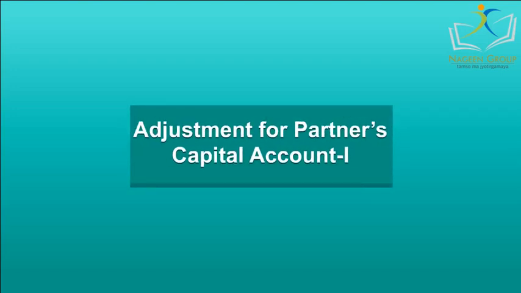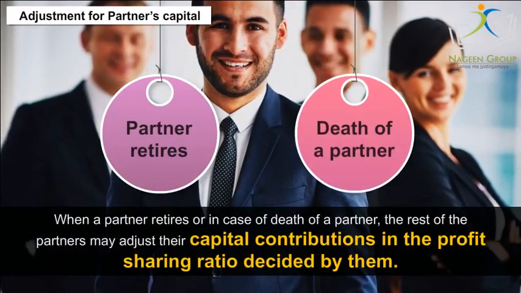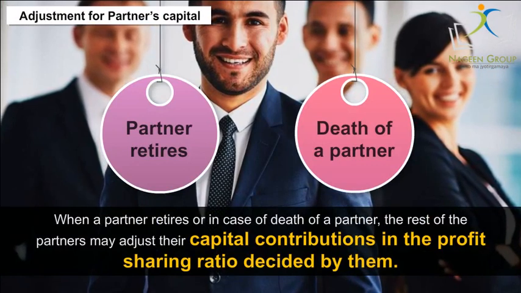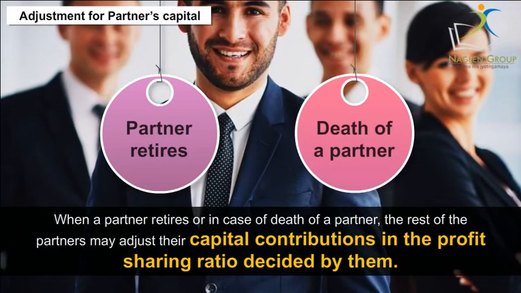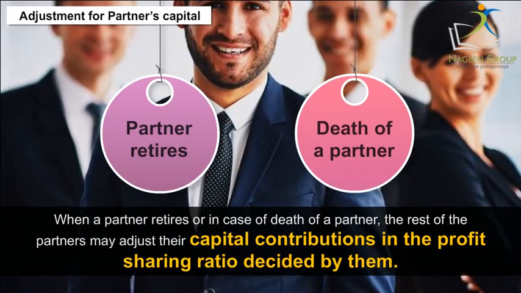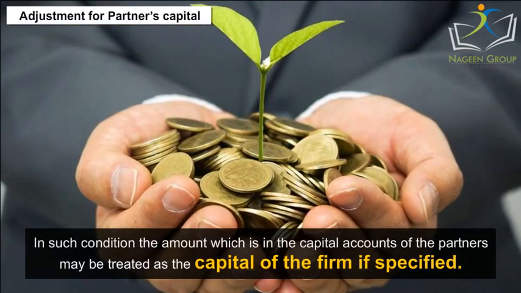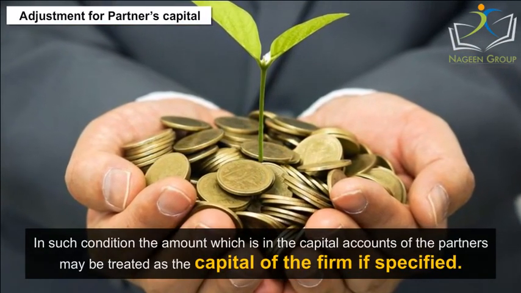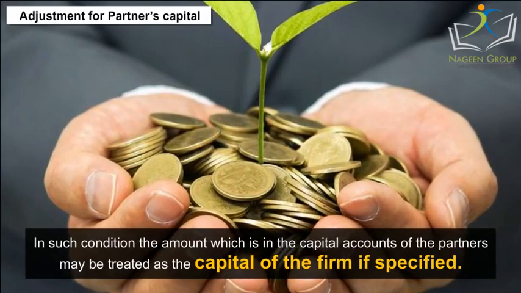Adjustment for partner's capital account 1. When a partner retires or in case of death of a partner, the rest of the partners may adjust their capital contributions in the profit-sharing ratio decided by them. In such a condition, the amount which is in the capital accounts of the partners may be treated as the capital of the firm if specified.